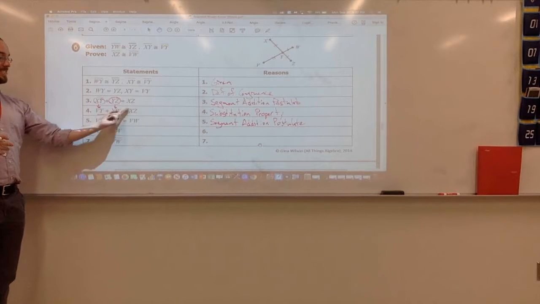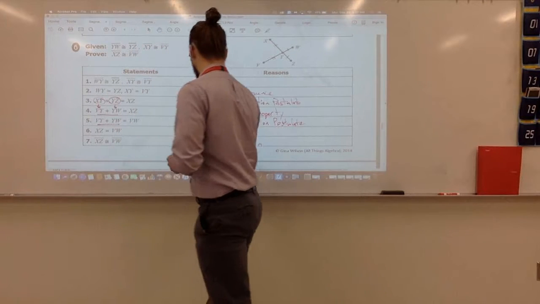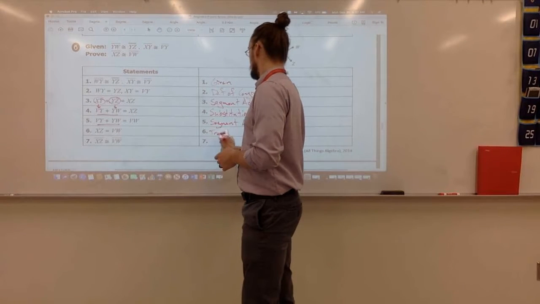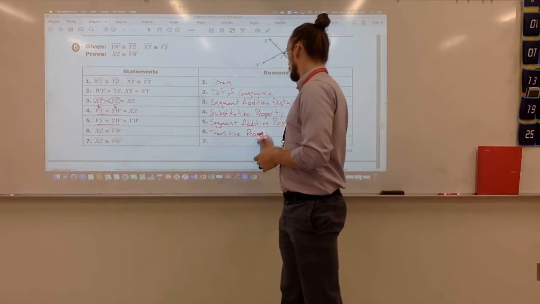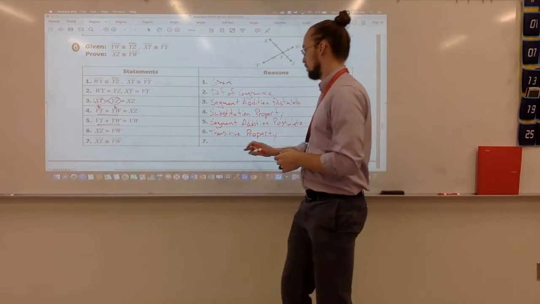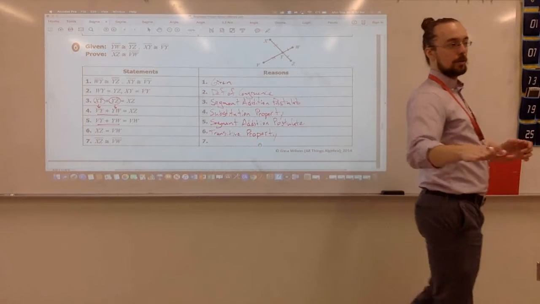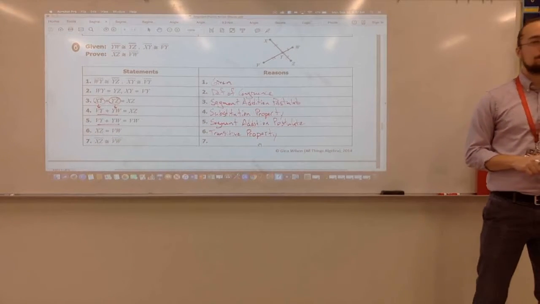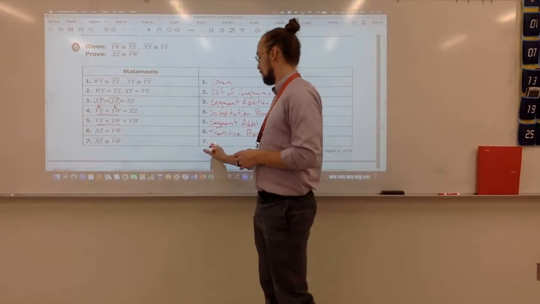If they're equal to the same thing, they have to be equal to each other by the transitive property. And now, finally, if I know two lengths are equal, I can say the segments are congruent by definition of congruence, right?